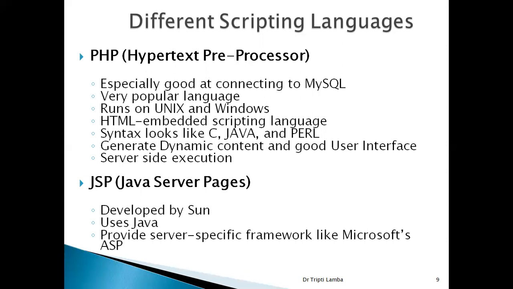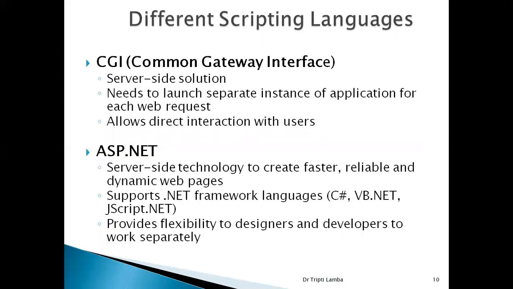Then we have one more scripting language, which is JSP, Java Server Pages. It is developed by Sun and uses Java. It provides a server-specific framework like Microsoft ASP. Then we have another scripting language, which is CGI, Common Gateway Interface. It is also a server-side solution. It needs to launch a separate instance of the application for each web request, and it allows direct interaction with the user.